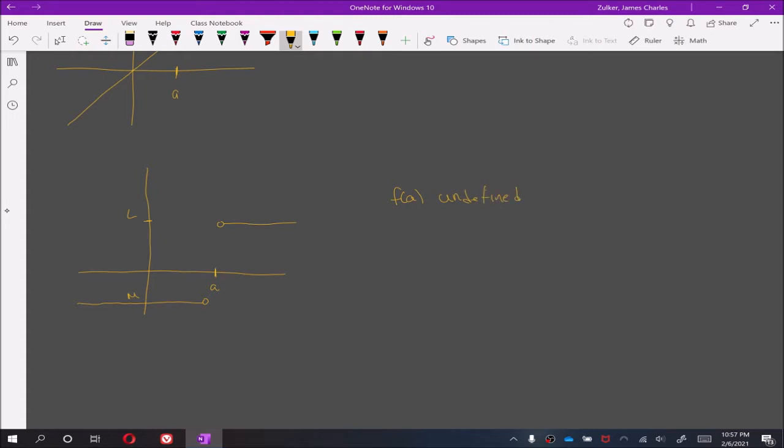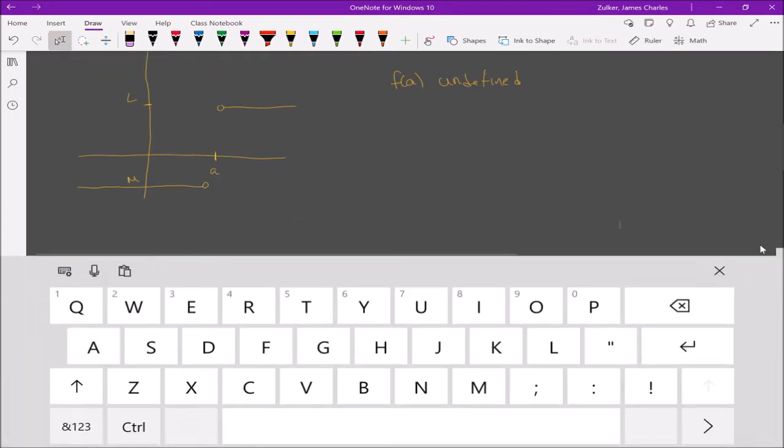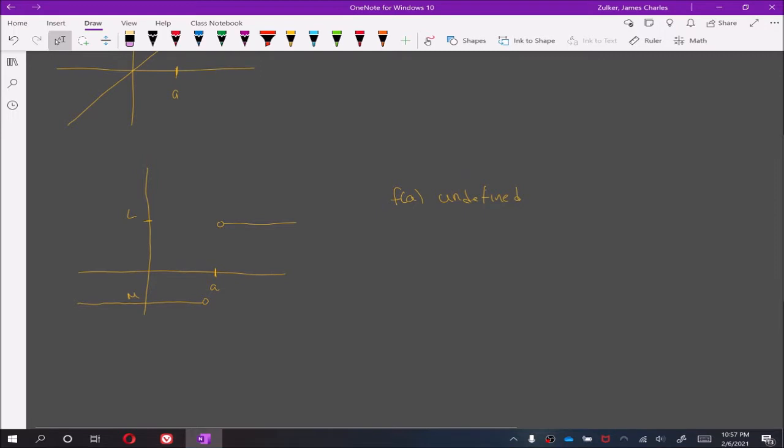But now how's the function behaving around A? Well, if we look only on the left-hand side, it would appear that as x is approaching A, f of x approaches M. If we now look at the right-hand side, it would appear that as x is approaching A, f of x is approaching L.